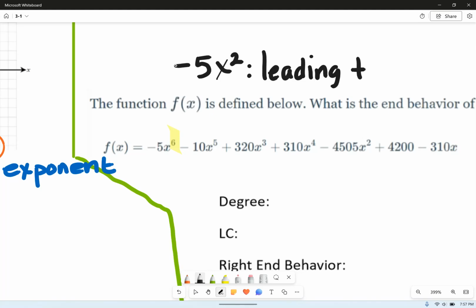All right, the leading term dictates everything about what we're trying to find about the end behavior of our graph. So the leading term helps us find the degree. We found it to be a 6. And because it's a 6, we can determine whether or not the function will be even or odd. 6 is an even number.